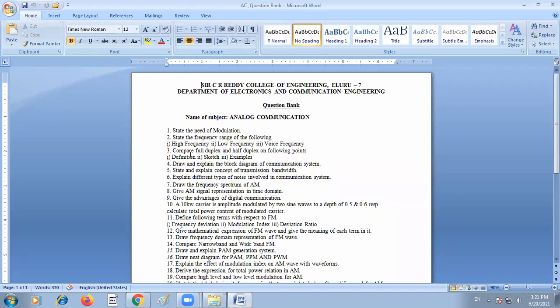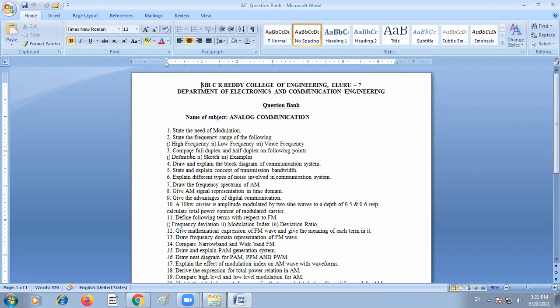After that, the modulated signal is given to a channel. The channel output is given to demodulator, and the demodulator output is given to decoder. The decoder output is given to sink or destination. This is the communication system. Okay, so please explain each and every block.